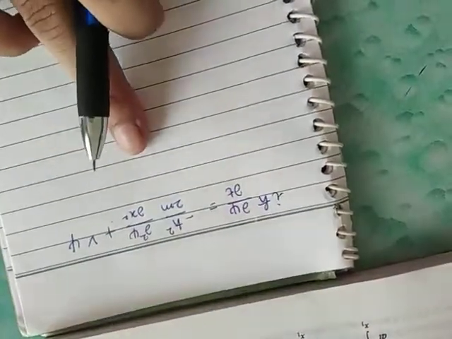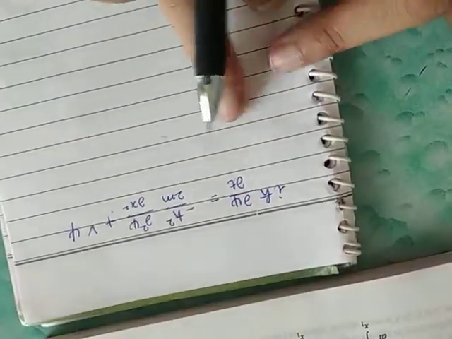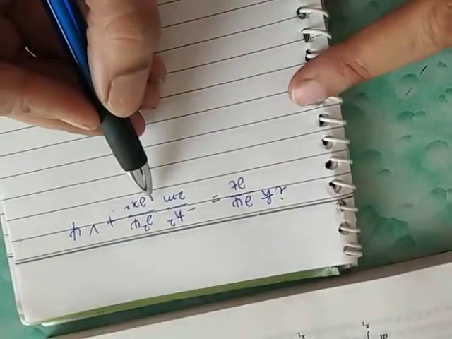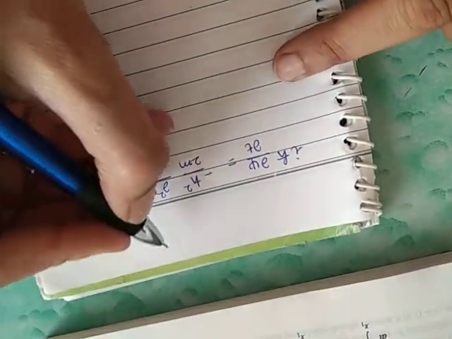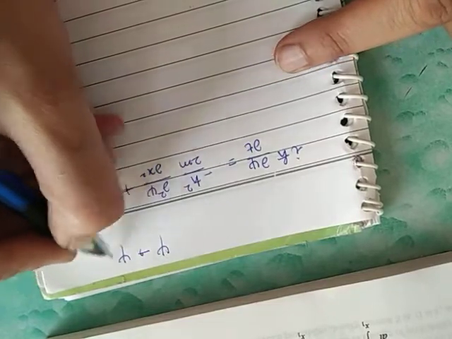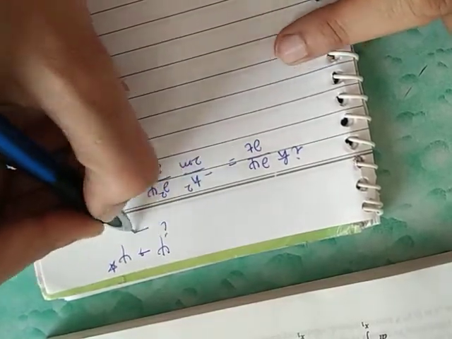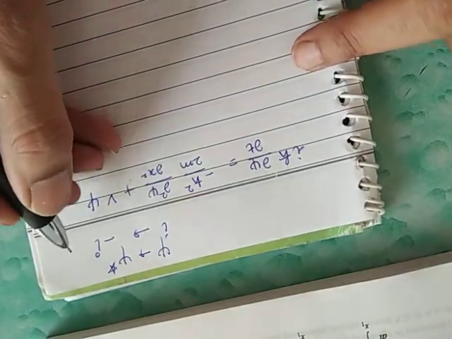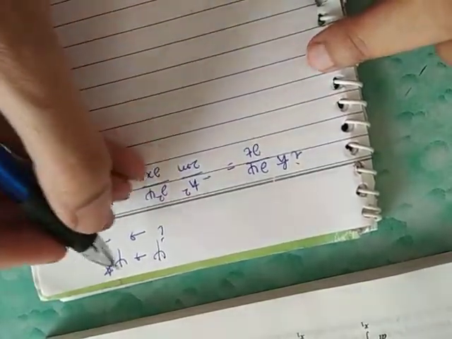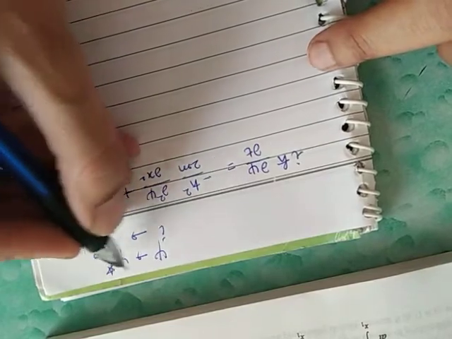First I would take the complex conjugate of this equation. The complex conjugate will change psi to psi star and iota to minus iota. If there is minus iota, that would change to iota. If psi star is there, it would change to psi.